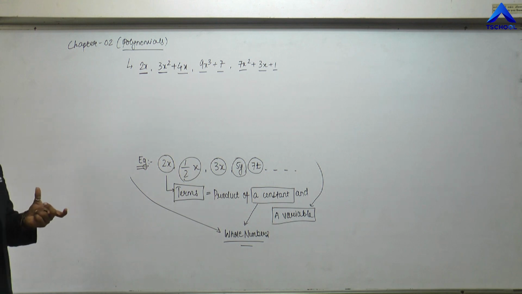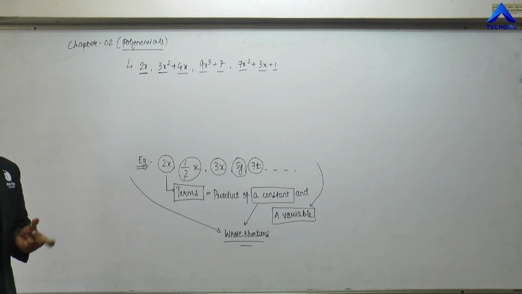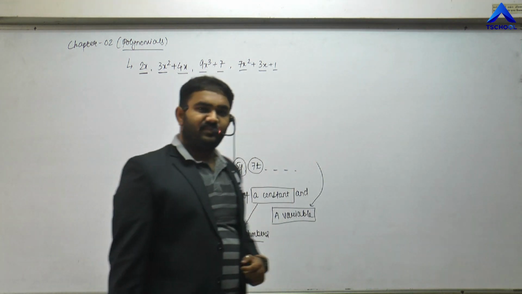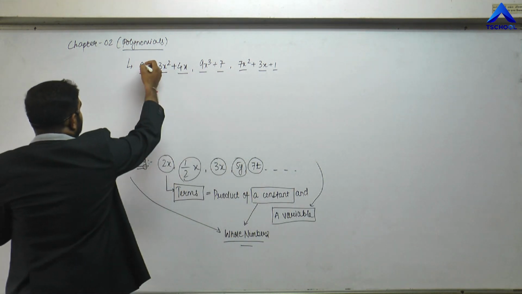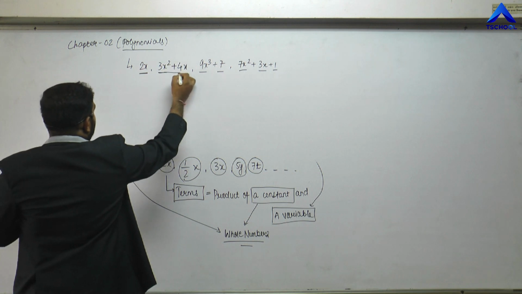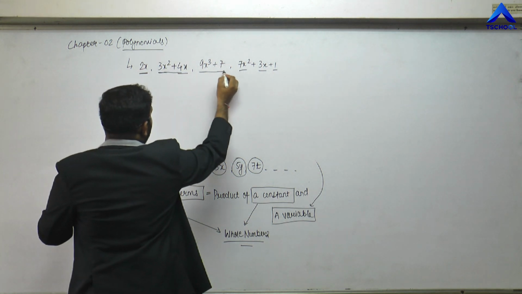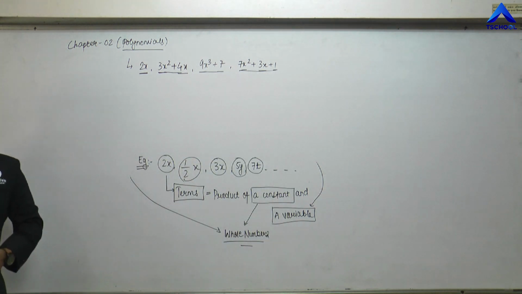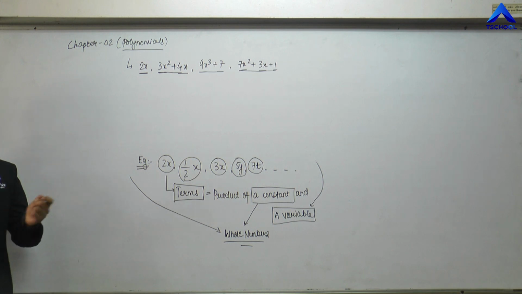But rather than writing them individually, I have made some groups, meaning I have simply added them. That means this 2x, this combined 3x plus 4x, this 9x cube plus 7, 7x square plus 3x plus 1. I have added all these terms, some in groups and some in different manner.